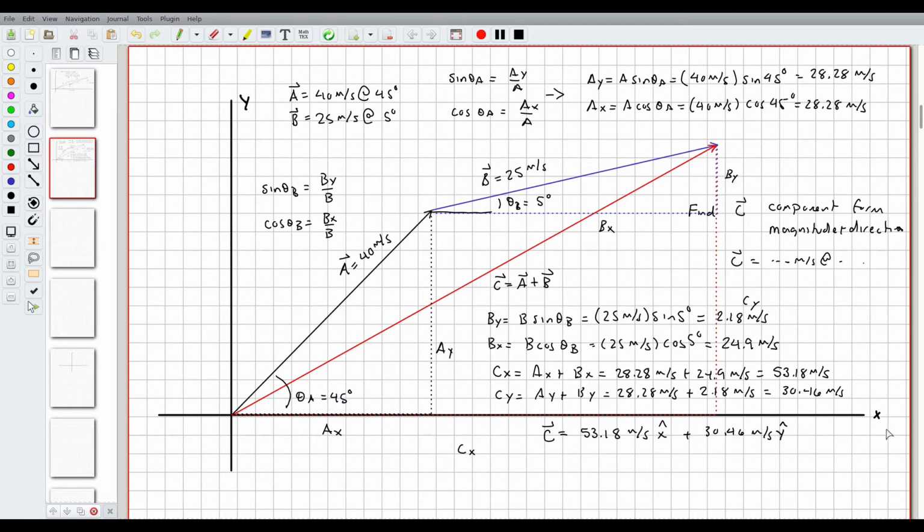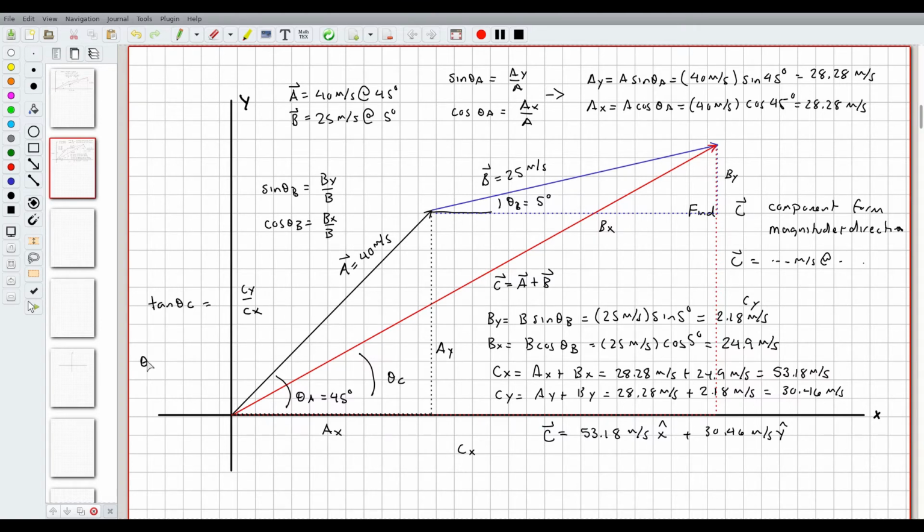Now, in terms of magnitudes and directions, we need to actually use the Pythagorean theorem and our trig rules for that. So here, if you think of C as just being this one long vector that has a y part and an x part, you can write out its trig rules. The only one that's really relevant to us here is going to be tangent. Tangent of theta sub C, and theta sub C would be this angle right here, is going to be opposite over adjacent, or CY over CX.